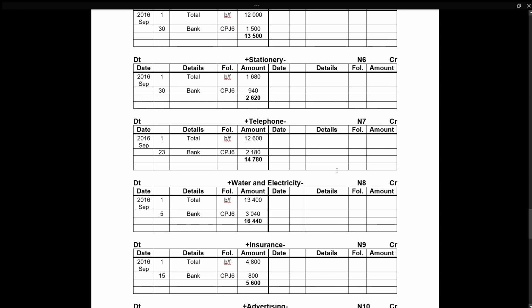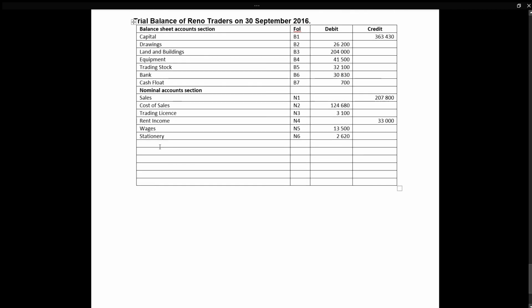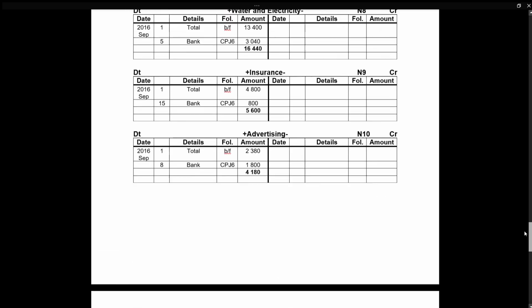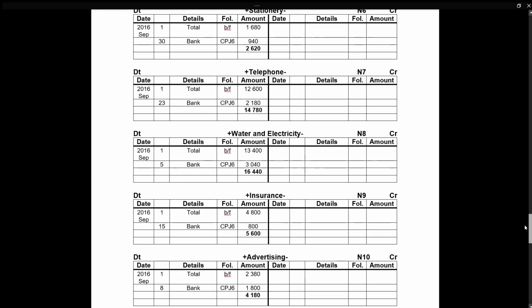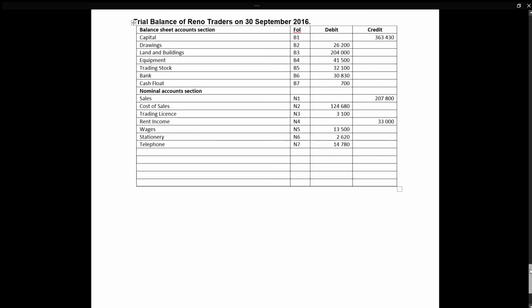Right, N7 was telephone, 14,780 Rand. Debit total, so telephone N7, it had a balance of 14,780 Rand. Let's go and find N8. Water and electricity had a debit balance of 16,440.